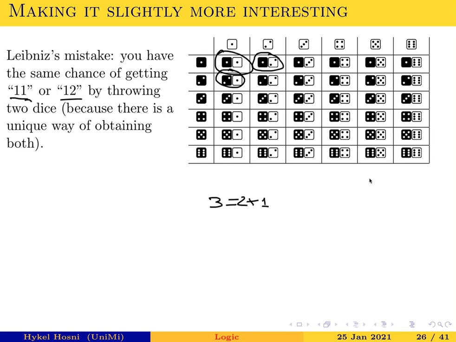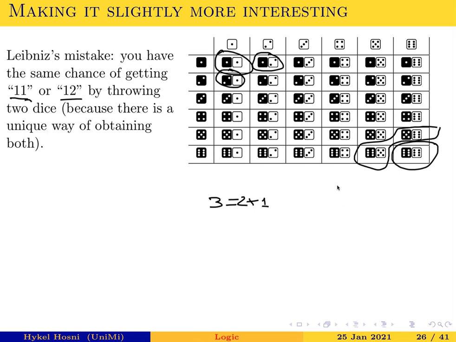So you see now where the mistake comes in. Leibniz correctly identified 6 and 6 as the unique way of getting 12, but there are two distinct ways of getting 11.